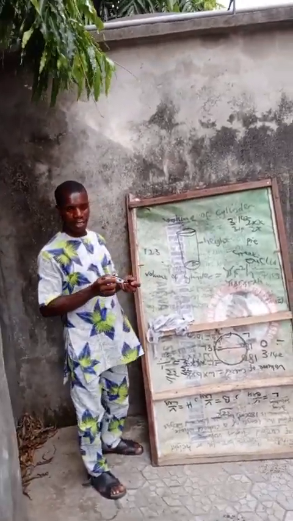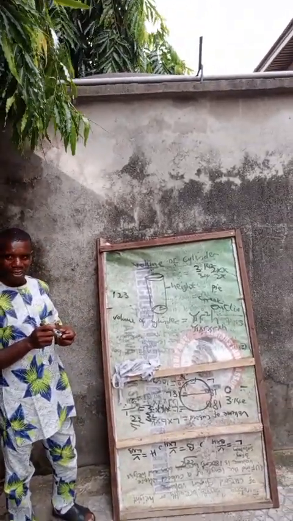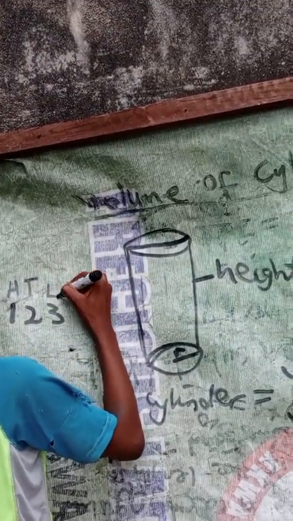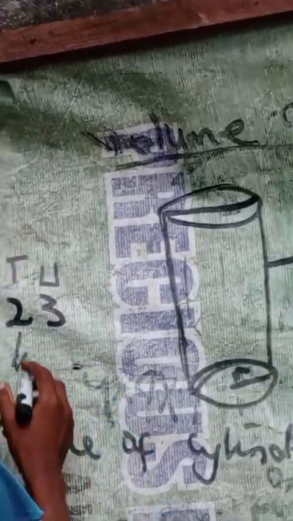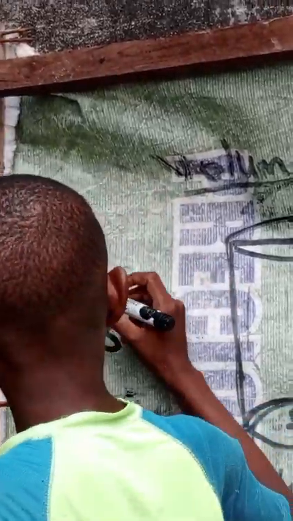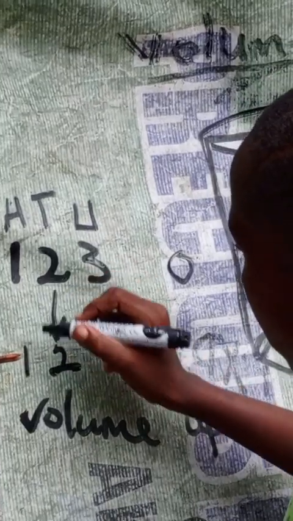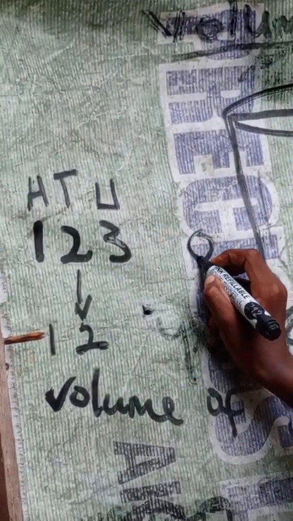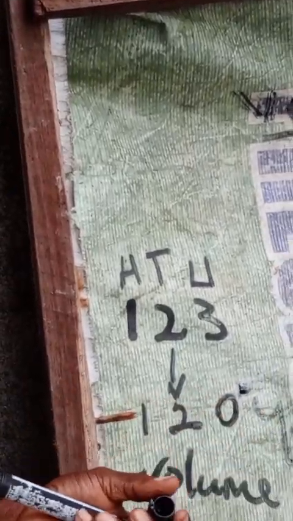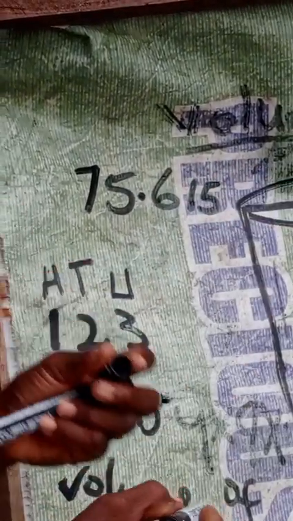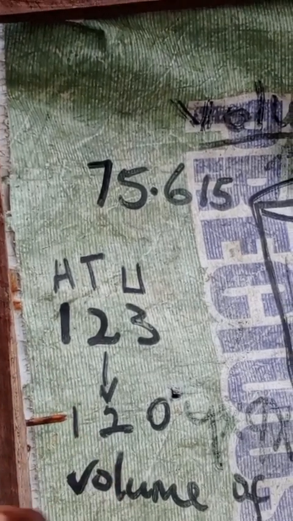123, take it to the nearest tens. Very good. 75.615, take it to the nearest whole number.